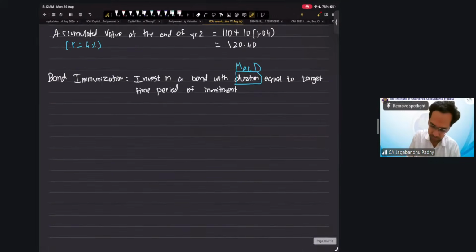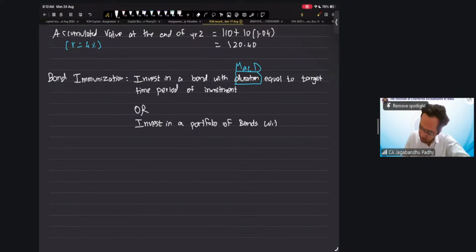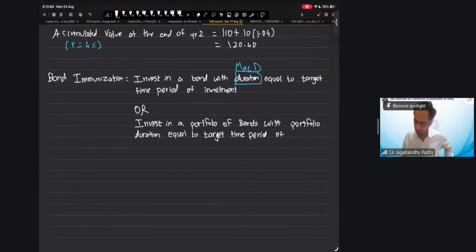Rather, what you should do is invest in a portfolio of bonds with portfolio duration equal to the target time period of investment.